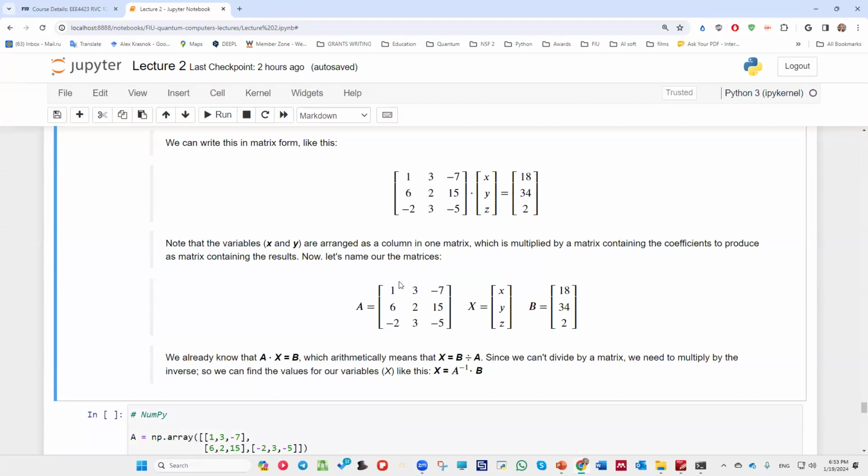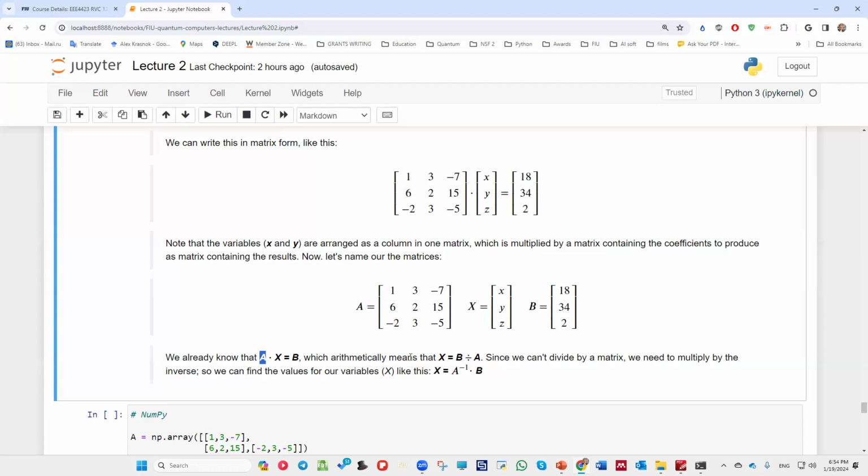And if I introduce names for these matrices, for example, my matrix of coefficients is A. Here, the unknowns are X. And the right side is B. I can rewrite these equations in this simple form: matrix A times vector of unknowns equals vector B. Okay, and of course, if these were just numbers, I would divide both parts by A, right?